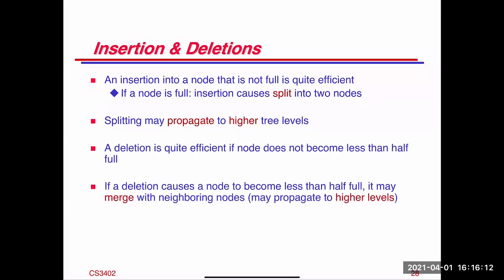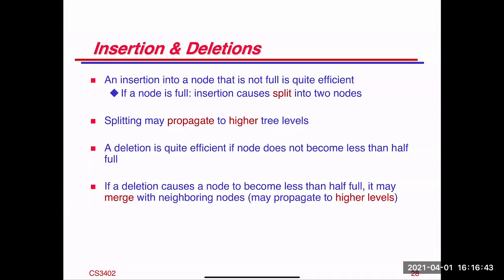Now, similarly, a deletion is quite efficient if the node from which you're deleting an entry does not become less than half full, because in that case, I can just remove that entry and I'm done. But if a deletion causes a node to become less than half full, then you may need to merge with some neighboring nodes, right? And again, that's to ensure that we have this invariant that no node is below half full.